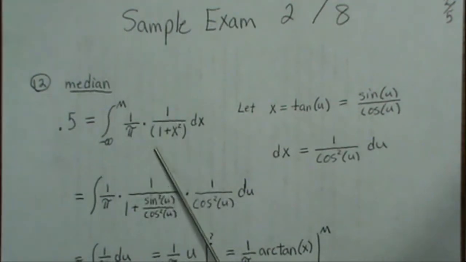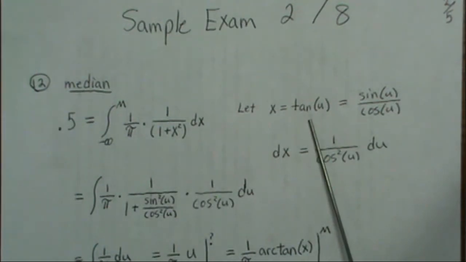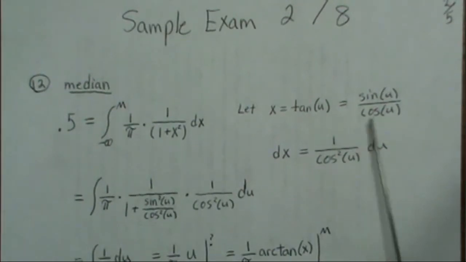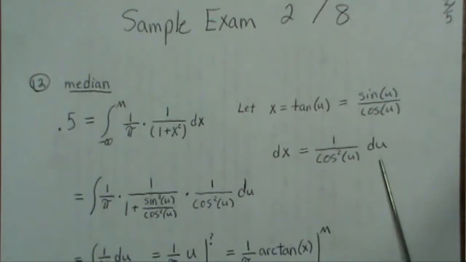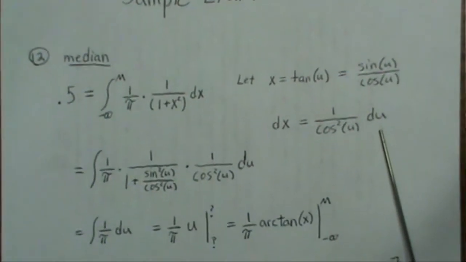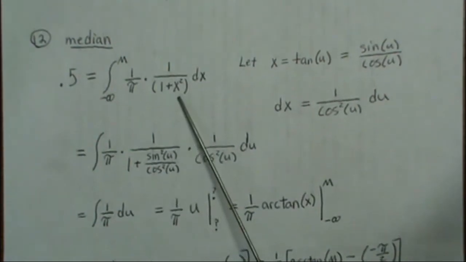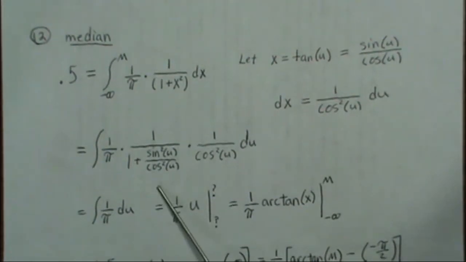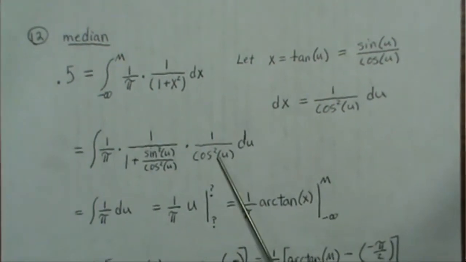Here's our distribution. We're going to make a substitution in for x. We're just going to let x equal the tangent of u, and the derivatives, we get this. Plug those in. So x squared, you square those, sine squared, cosine squared, and then we make that substitution here.